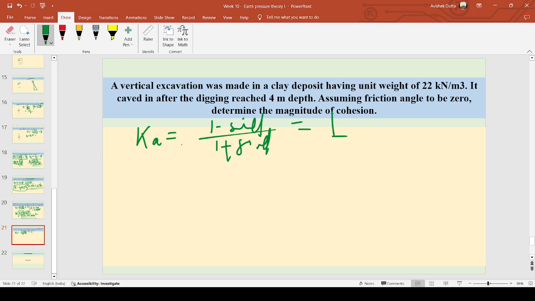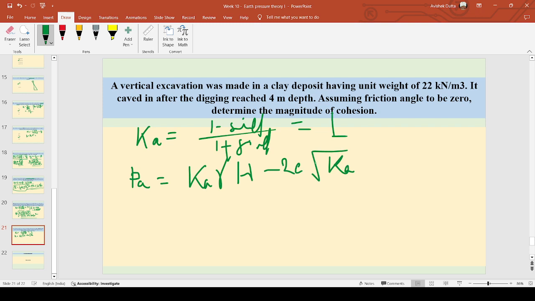So the formula for the active earth pressure, that is Pa, when there is a cohesive soil and taking into consideration the tension crack also, is Ka gamma H minus 2C root over Ka, isn't it? This is the formula for finding out the active pressure.